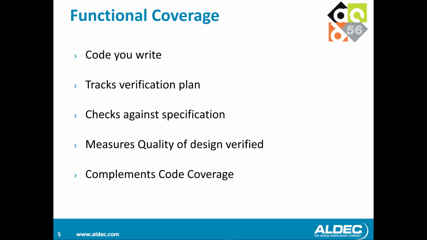What functional coverage does, distinctively from code coverage, is find out that every possible value has been covered, and that way you can make sure the verification was thorough and true.